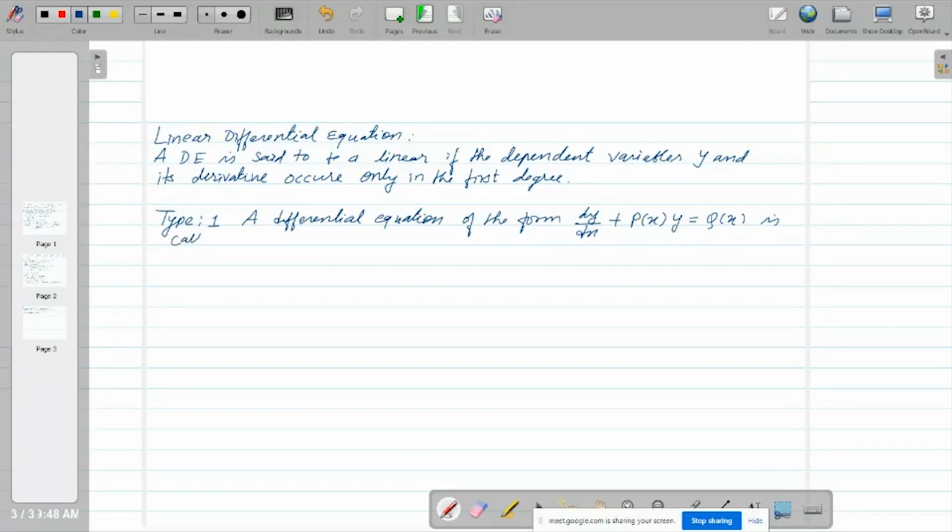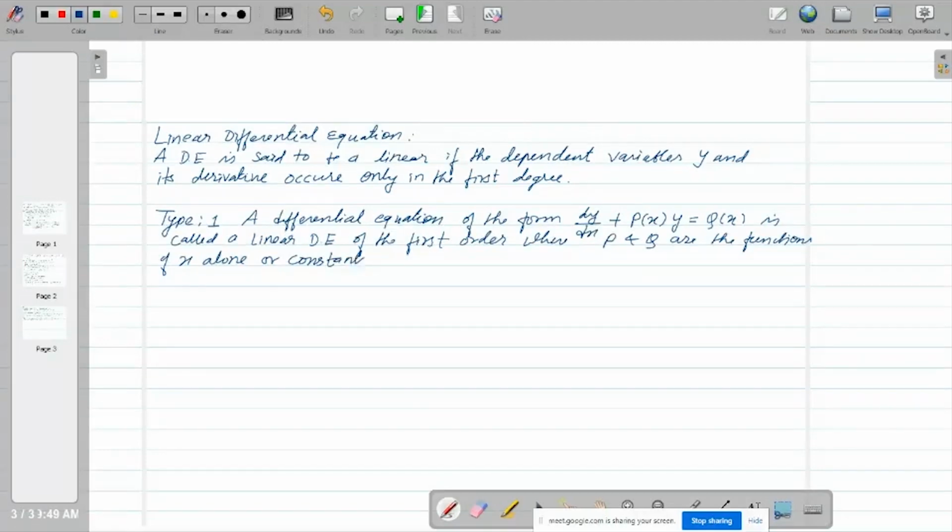is called a linear differential equation of the first order, where P and Q are functions of x alone, or you can say constants.